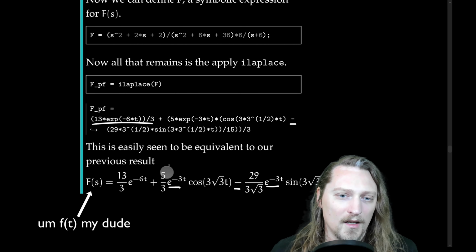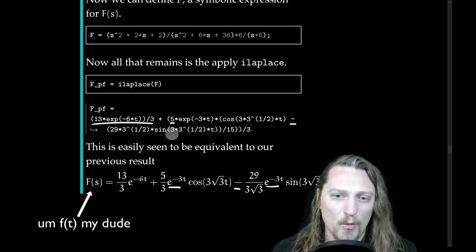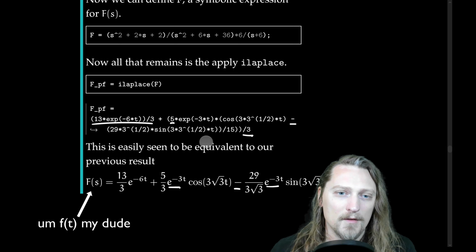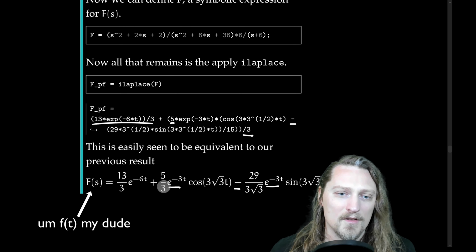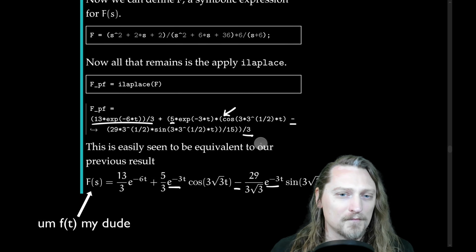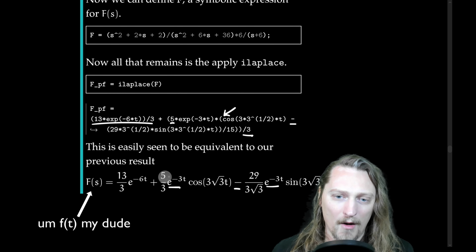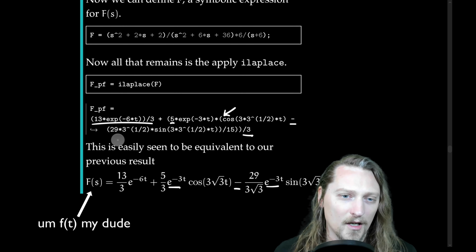Are they correct? So first of all, there's a 5, and there's actually way at the end an over 3. So everything is 5/3 e to the minus 3t. So this first term, 5/3 e to the minus 3t, that one's good. So cosine has no coefficient other than 1 there. Now we have to make sure that that jives with this coefficient here, which is a little harder to see.